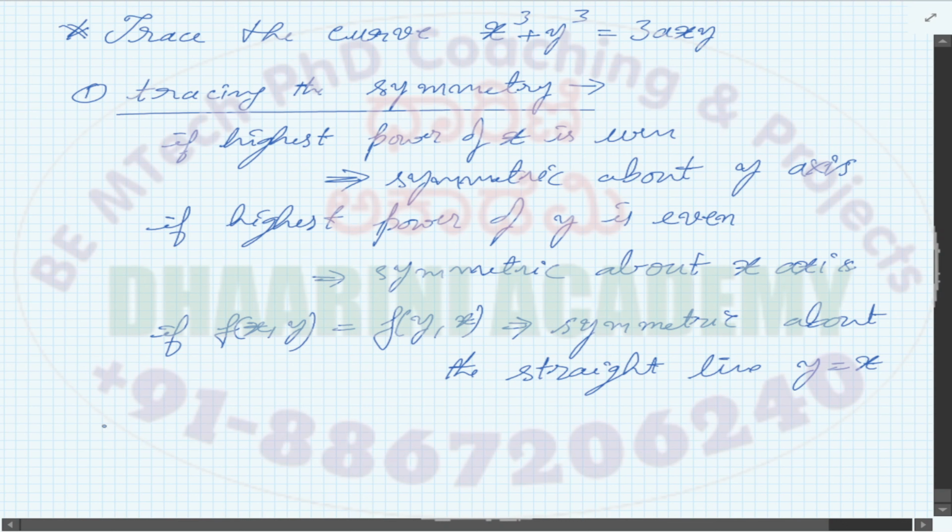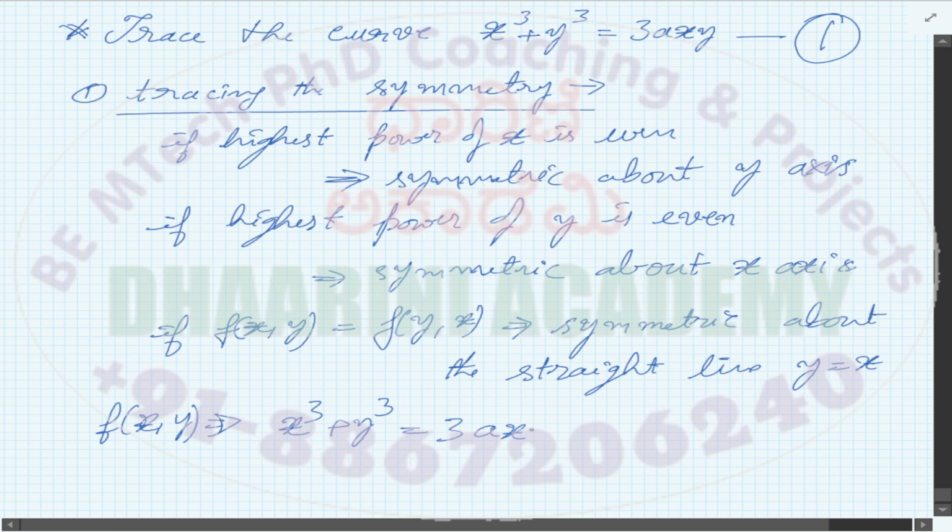So I write the function x comma y. This is the given equation, I don't have to change anything. It's simply x cube plus y cube equals 3 into a into x into y.